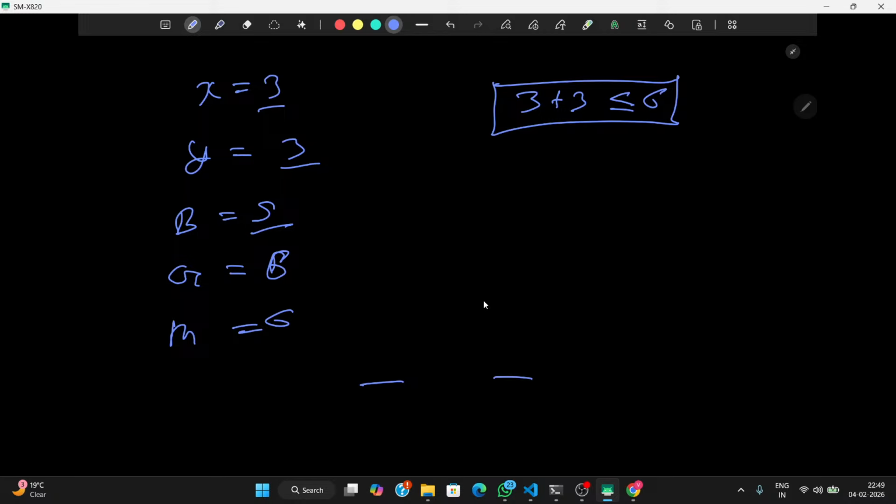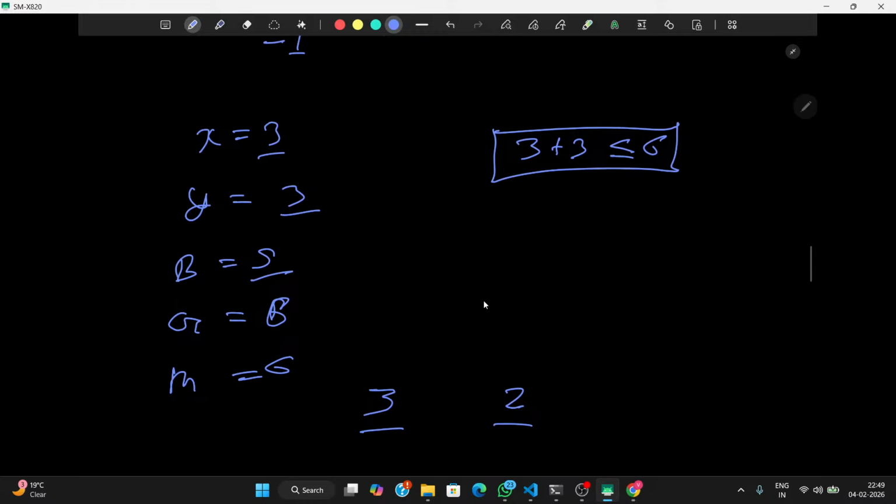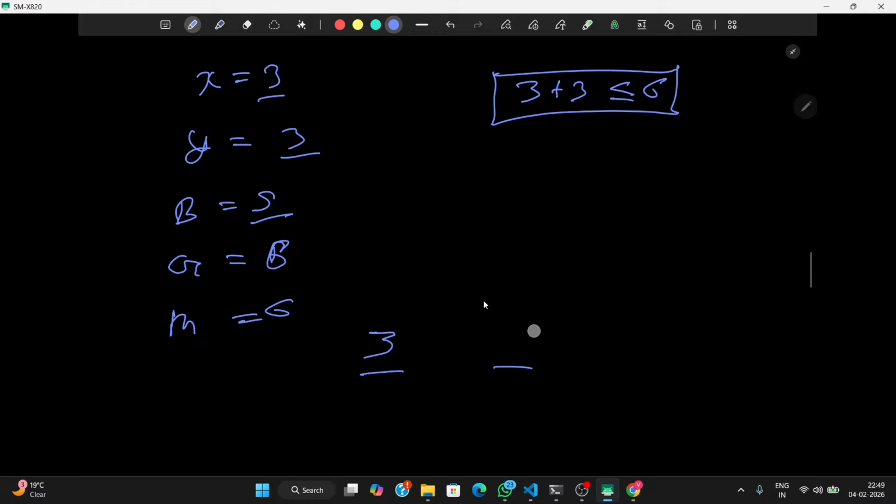So since b is 5, if we put three boys in one room, then we cannot accommodate the remaining two in another room, because there should be at least three boys in one room. So to accommodate all the boys, we will need to put all five boys in the same room.